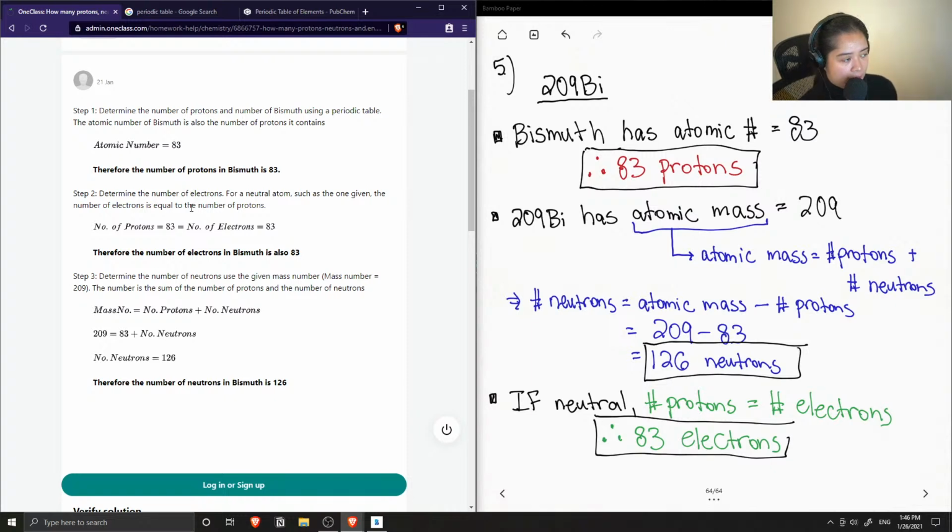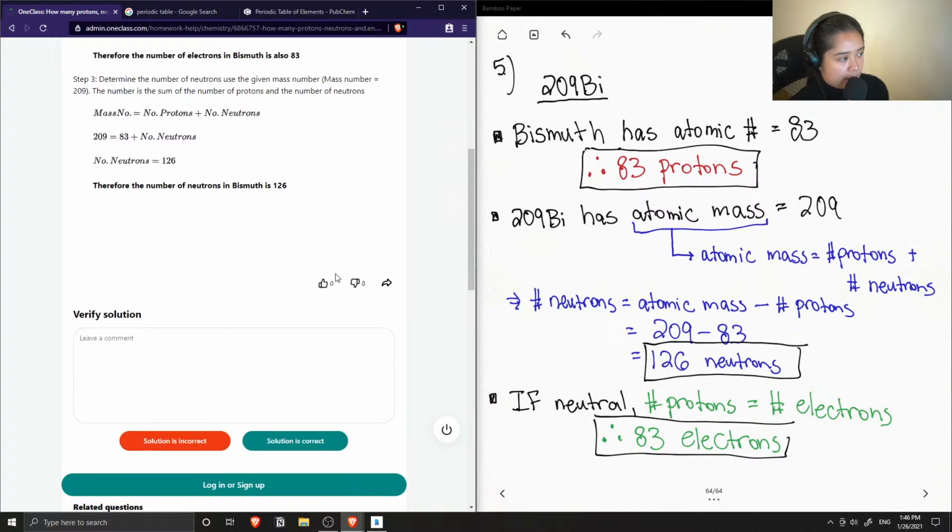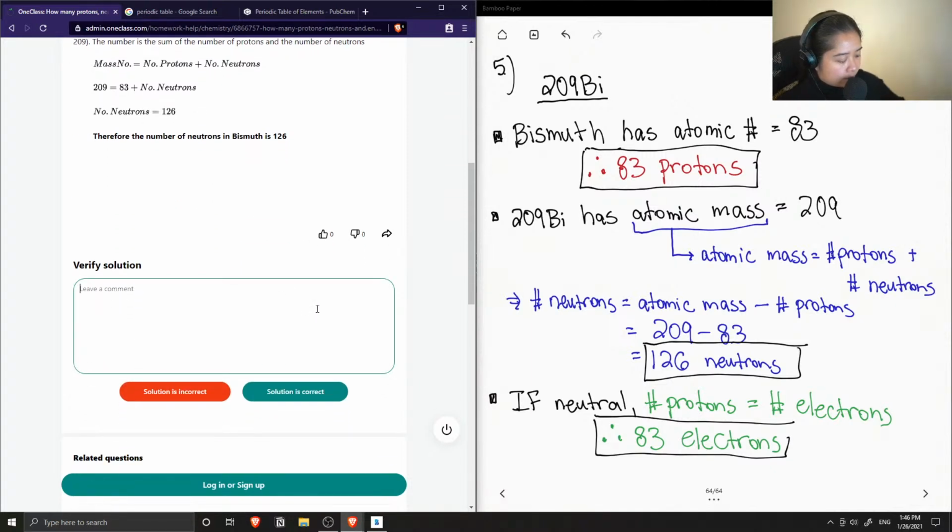The number of electrons is equal to the number of protons. That's also 83. And then for step 3, to determine the number of neutrons given the mass number, which is 209, the number is the sum of the number of protons and the number of neutrons. So they got 126 neutrons. Okay, so this solution is correct.